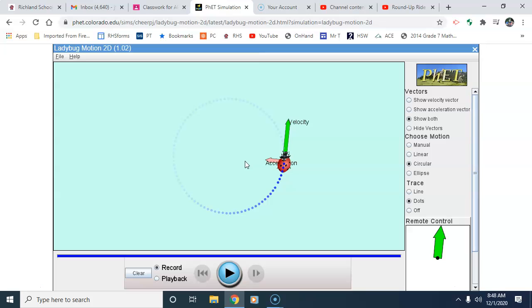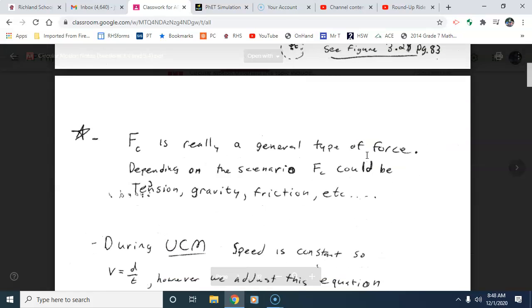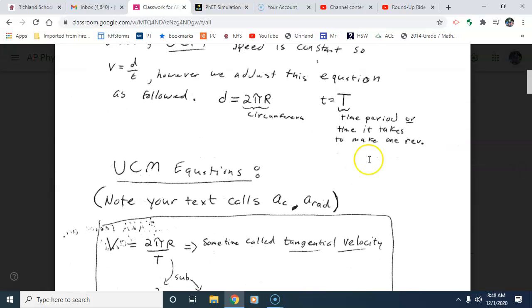There's got to be a force making you go in a circle that causes the centripetal acceleration, and the most common forces are friction, normal, tension, gravity, as far as anything centripetal. Centripetal means towards the center. Another name for it is radial.